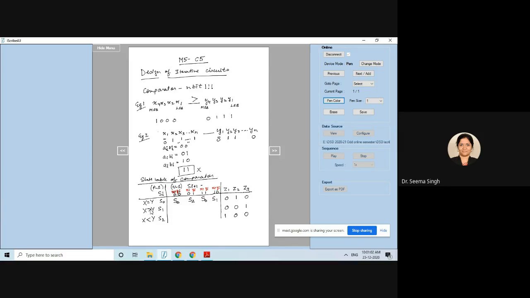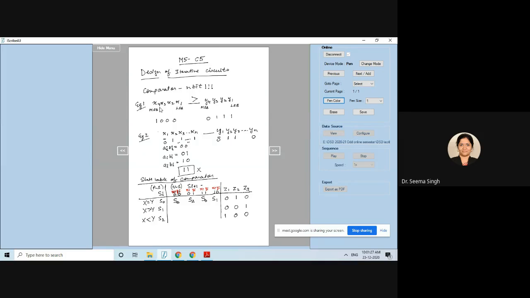Now coming on to your next row. What does next row say? Next row says that in the previous MSB, x is greater than y. So what do you think your next state should do? If my MSB says that x is greater than y, does my present input decide anything?